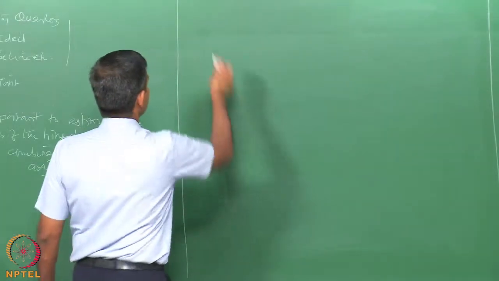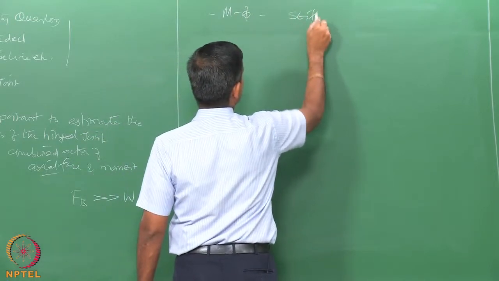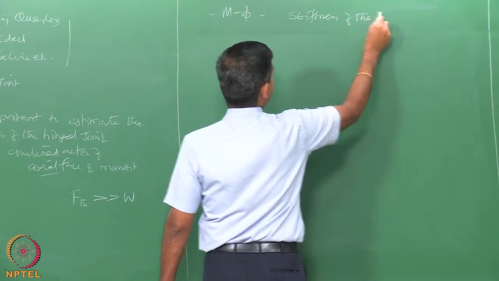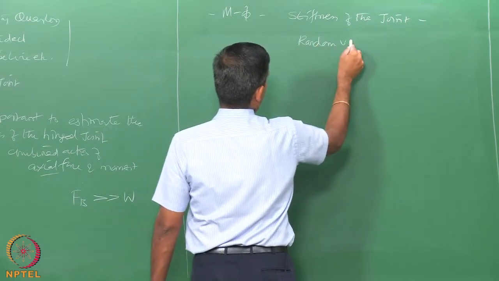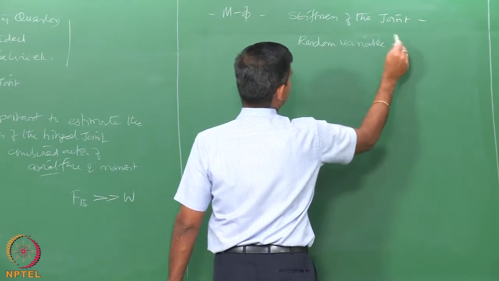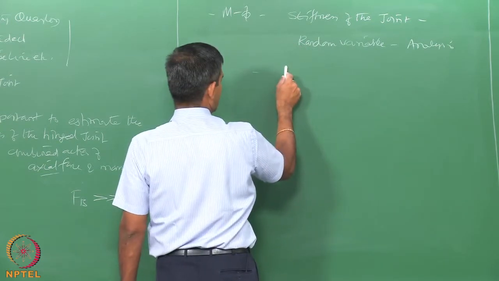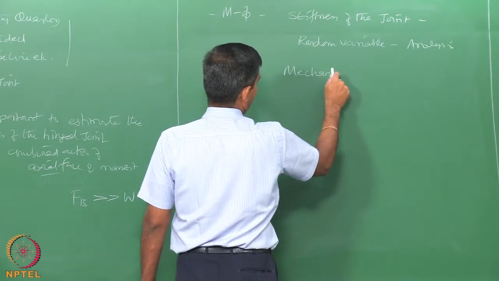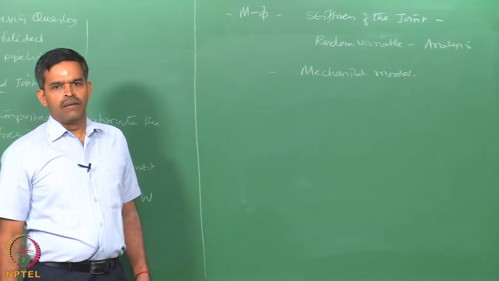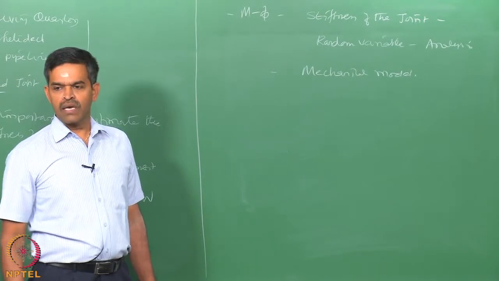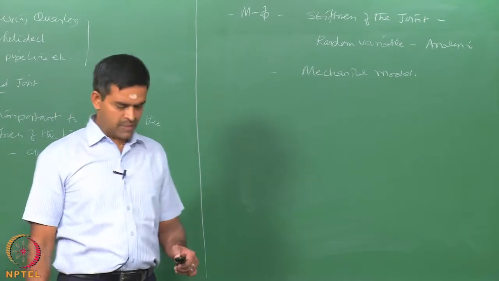So, interestingly, the moment phi characteristics, which will govern the stiffness of the joint, an important variable in reliability analysis, need to be estimated using mechanical modeling, because the joint reactions cannot be artificially incorporated in any testing facility to assess their stiffness.